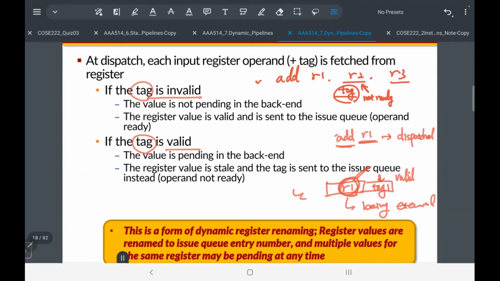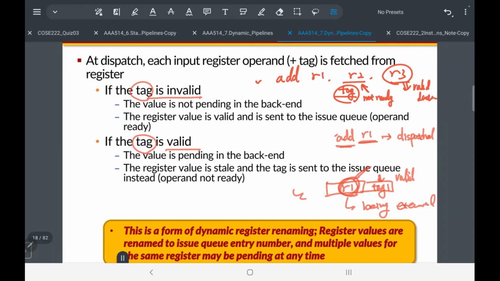But this R3 may have valid data, which means that this data can be read from the register file. We cannot find any valid tag for this register number, which means the register file has valid data.